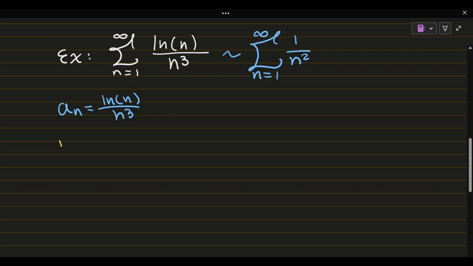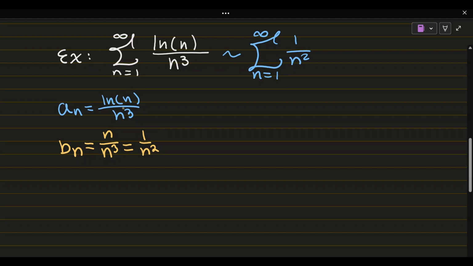So let's let b_n, I know that ln n is less than n. If I think about the graphs here, this is n, this is ln n. ln n is always smaller than n. So I can write b_n equal n over n cubed, then this is 1 over n squared.